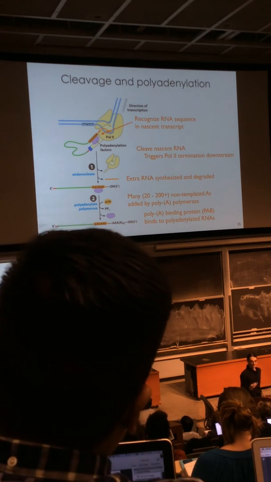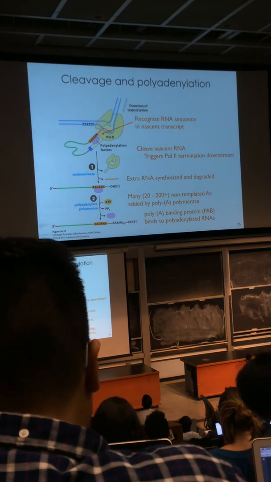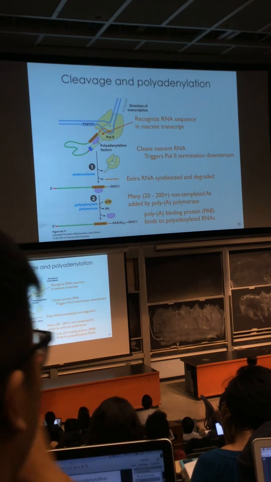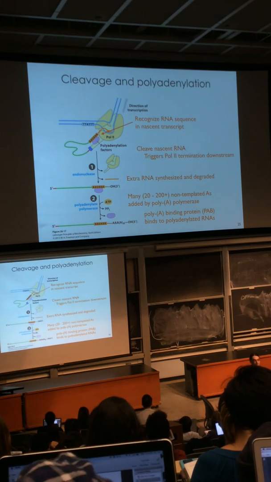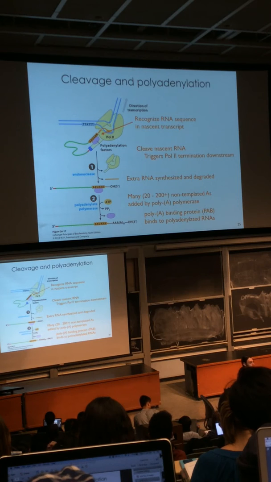It works by exactly the same mechanism as RNA polymerase, except it doesn't have a template. It always takes an ATP and adds it onto the end. And this can be from 20 to 200 plus A's added to the end of every transcript. And immediately after those A's are added, they're bound by a protein called poly-A binding protein that always binds to the 3' ends of an RNA.